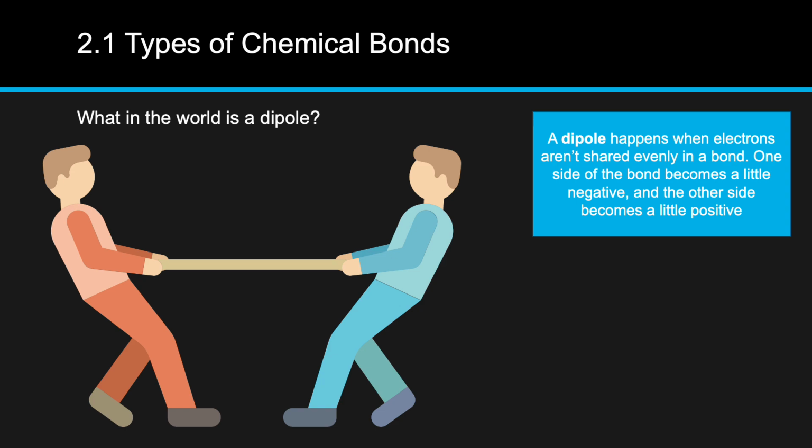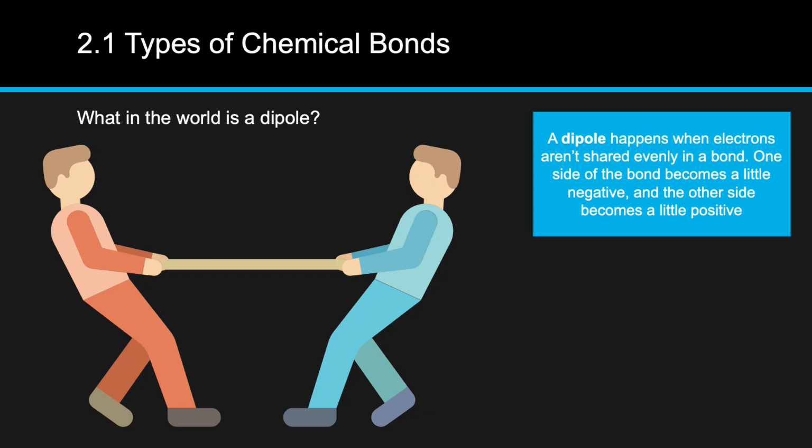The best way, in my opinion, to think about this is like a game of tug of war. If both people pull with the same strength, the rope is going to stay in the middle. That is essentially a nonpolar bond. It's an equal sharing of electrons.